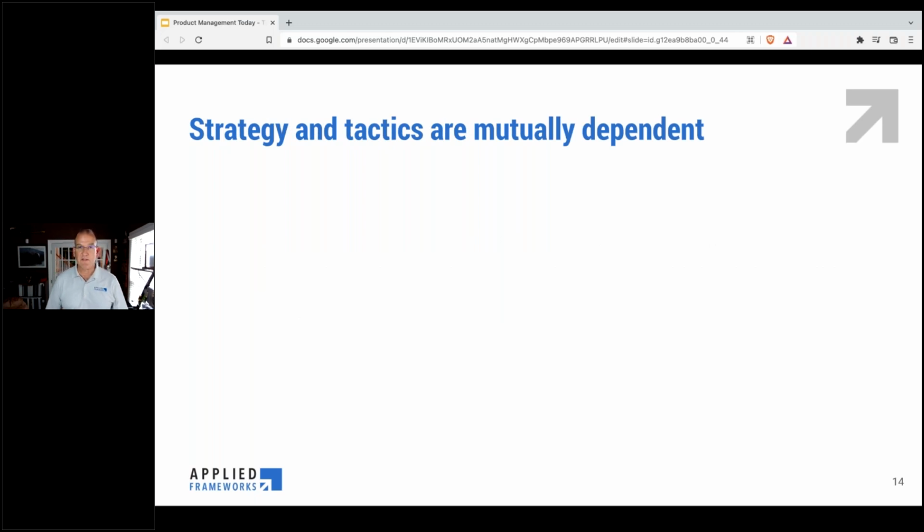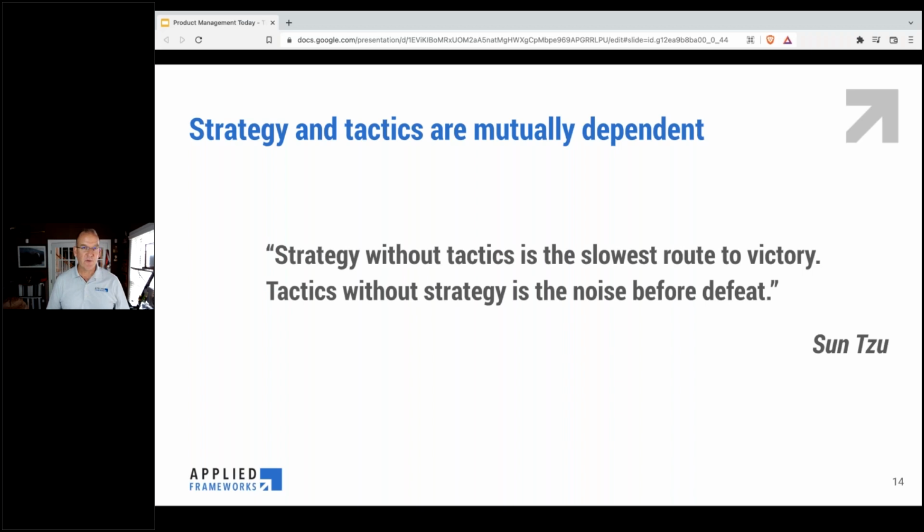Now, strategy and tactics are definitely mutually dependent. And I'm going to go to Sun Tzu, a great writer about all things related to strategy, but in this case, it applies very well to product management. Strategy without tactics is the slowest route to victory. Tactics without strategy is noise before defeat.